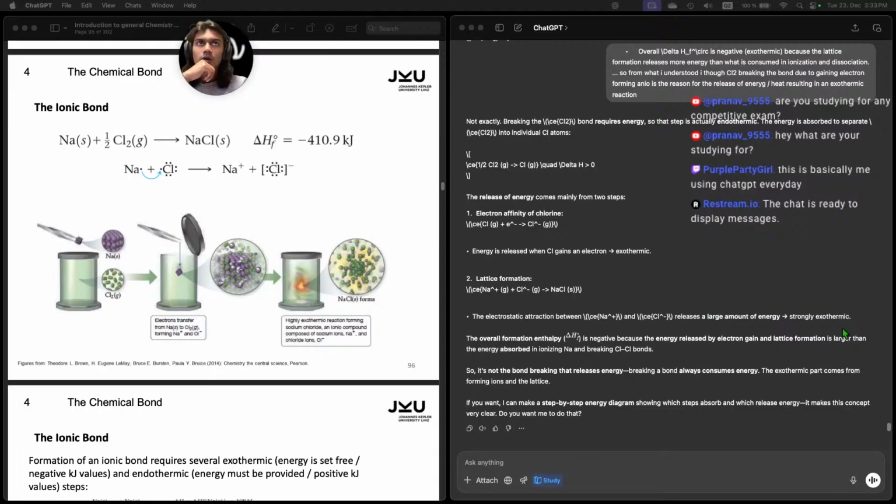The overall formation enthalpy is negative because the energy released by electron gain and lattice formation is larger than the energy absorbed in ionizing. What I meant was breaking the bond to form a stable structure.